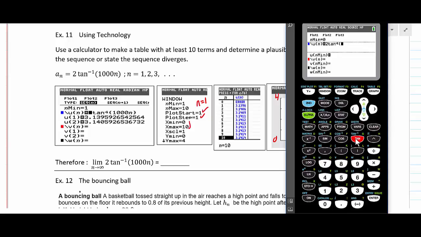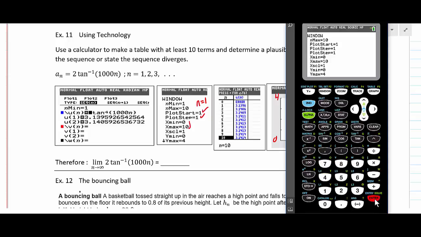So you go second tangent, and then you put in the 1000 n. And when you type in that variable key, since you're in sequence mode, it's going to put it in there for you. Then if I do the window, I'm going to set that up 1 to 10. And everything else just kind of goes like that, except this goes 0 to 4.